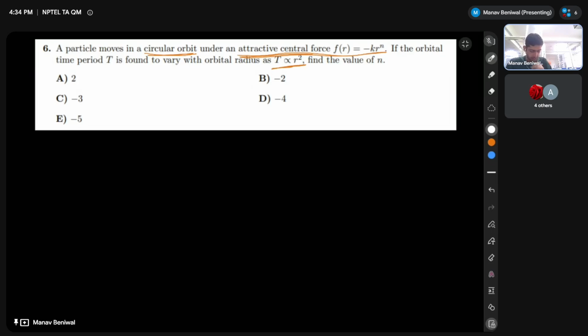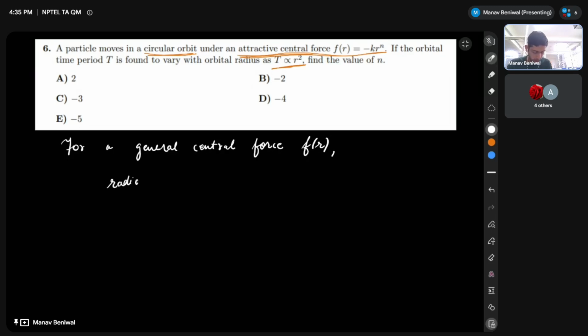So we know that for any general central force F of r, it acts only along the radial direction. There is no theta component of this force, right? So from Newton's second law, we get two equations.